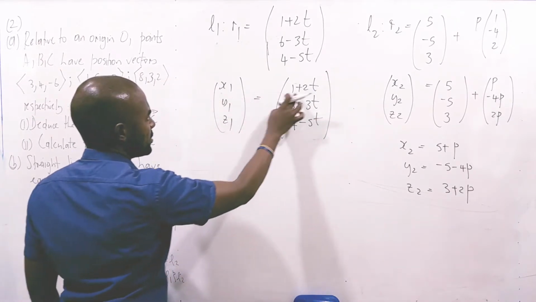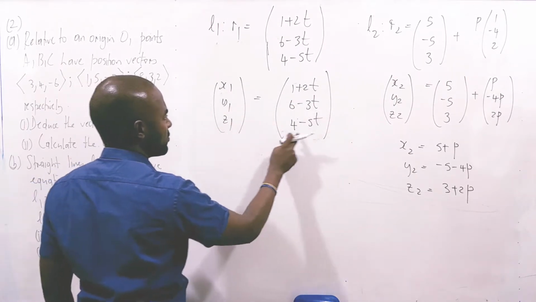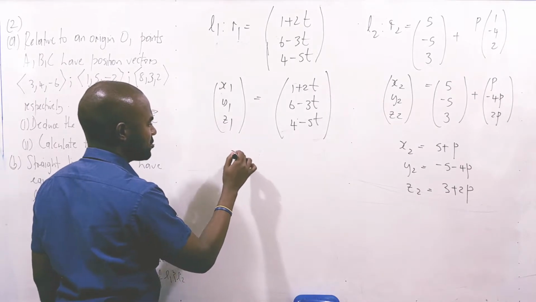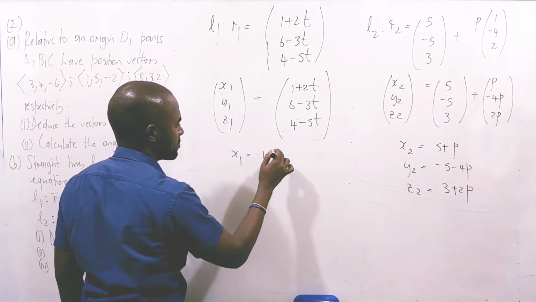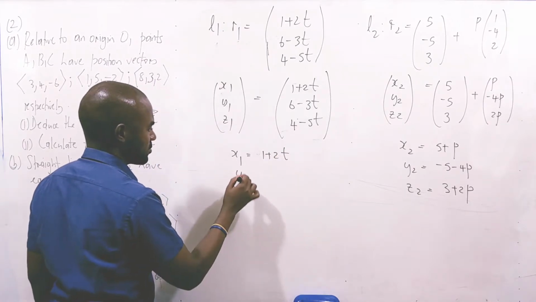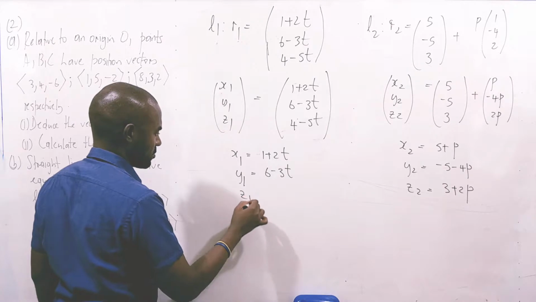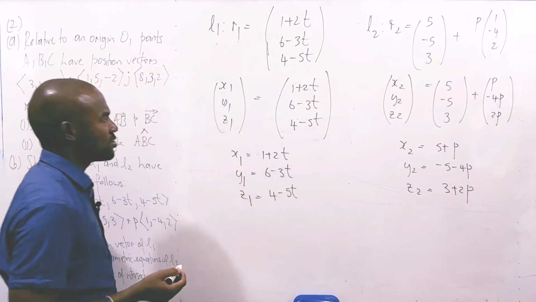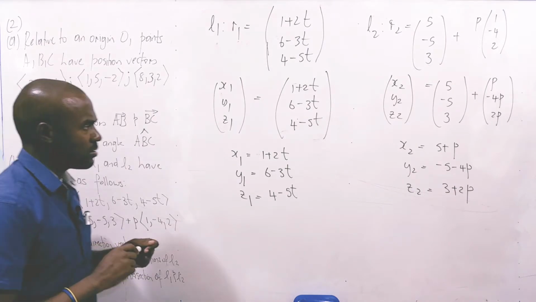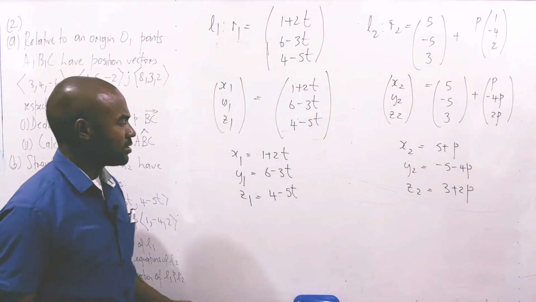So x1 is equal to 1 plus 2t, y1 equals 6 minus 3t, z1 equals 4 minus 5t, and these form the parametric equations of line L1. And of course you can see the parametric equations of line L2 as well.